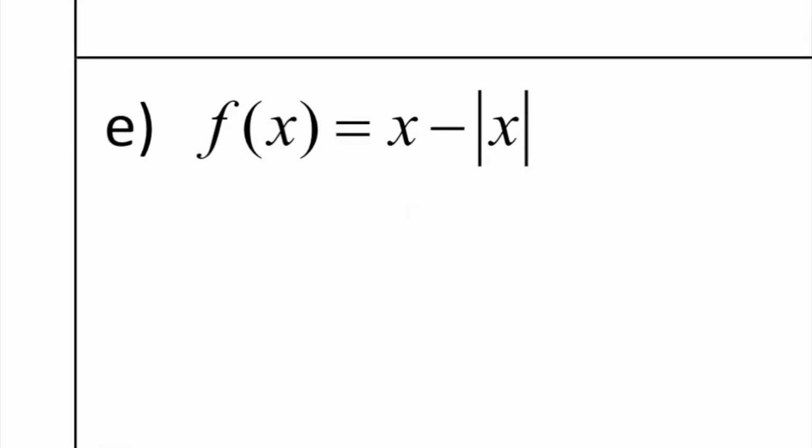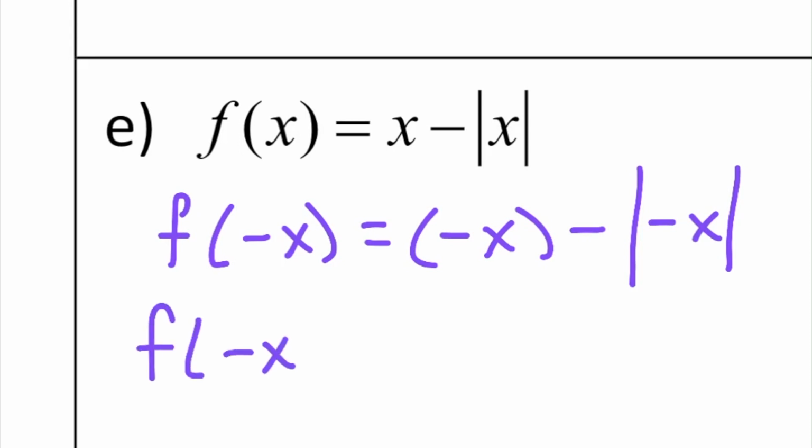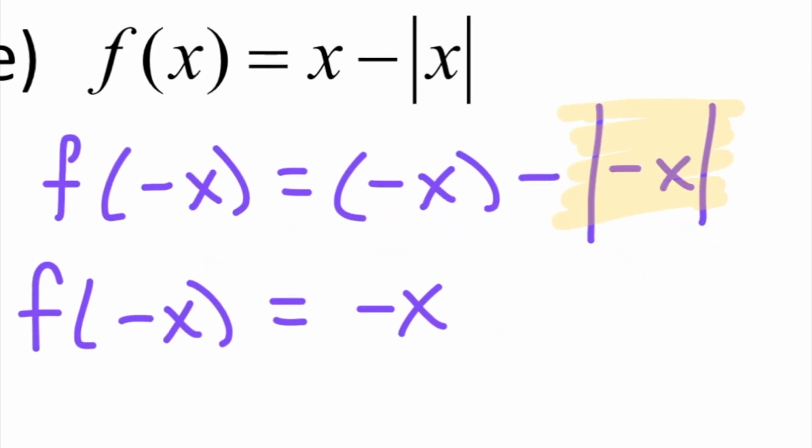Now this is an interesting one. When you substitute f of negative x here, your first term is negative x minus, and then the absolute value of negative x. Well, it doesn't matter if it's positive or negative x, the absolute value itself is just going to be the same, and so this whole thing is still minus the absolute value of x.